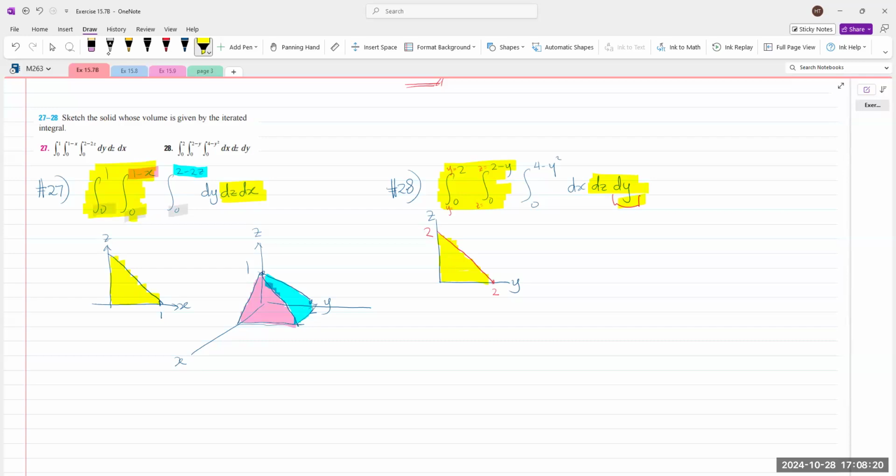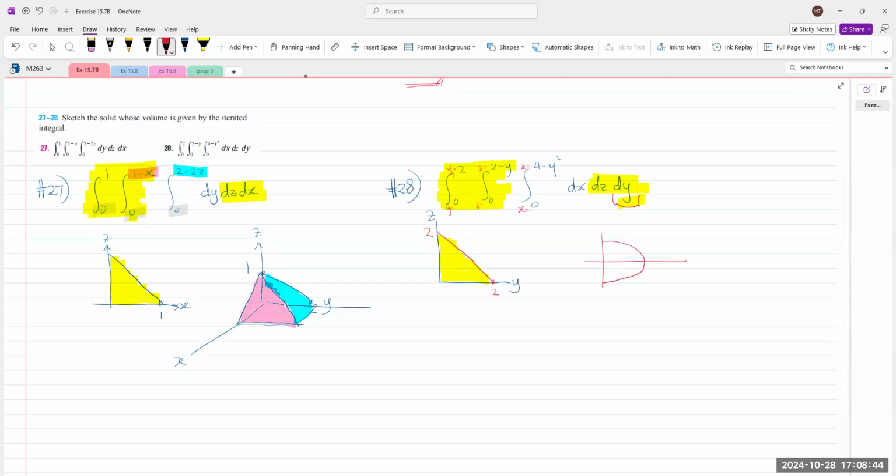Now, the x will be from x equals 0 to x equals 4 minus y squared. So that's what it looks like. But we just need the one in the first octant.